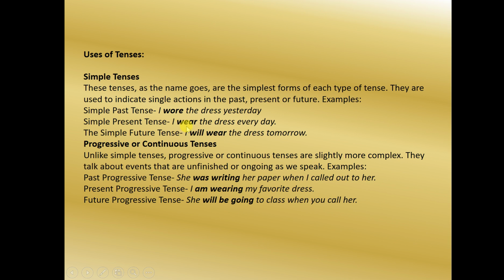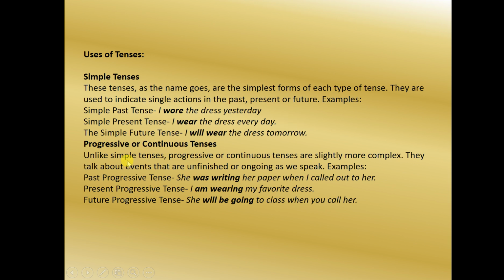In simple present, I wear the dress every day. The future simple, I will wear the dress tomorrow. So wear, wore and will wear represent the verbs in the tenses. Yesterday, every day and tomorrow are the time expressions. These are the verbs and these are the tenses.